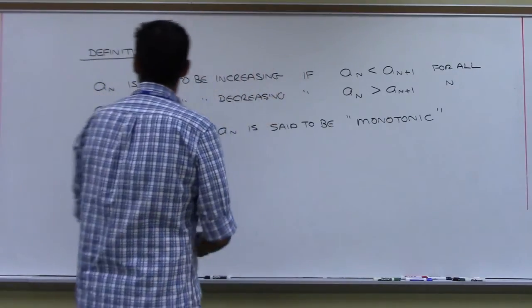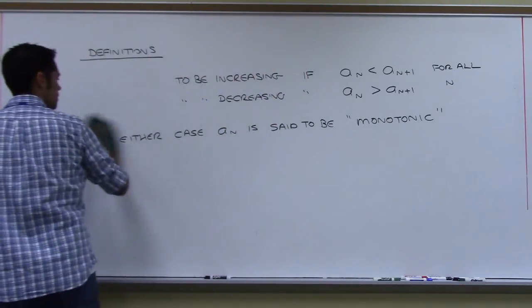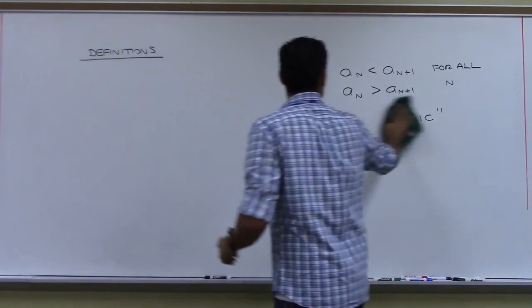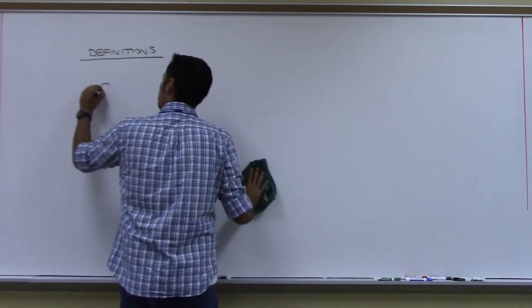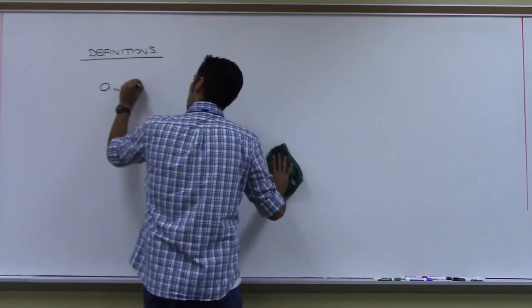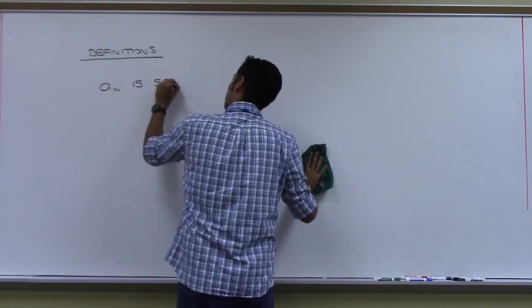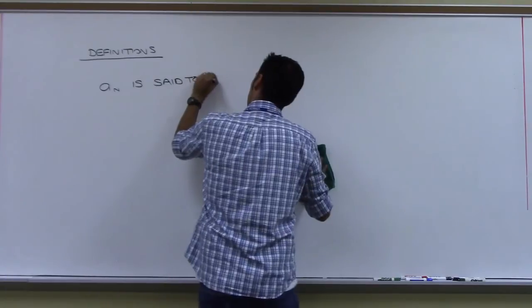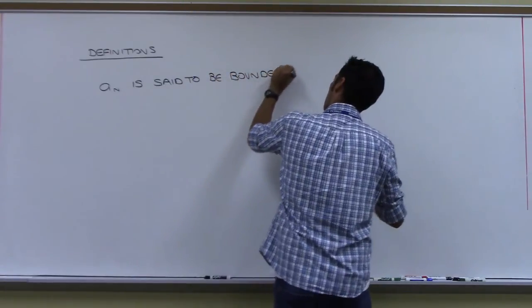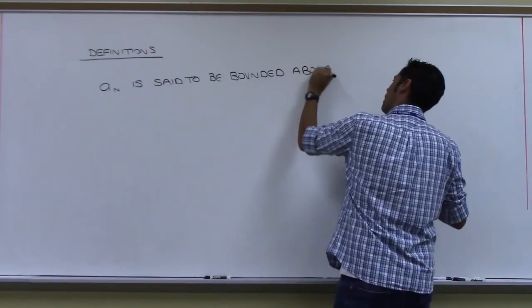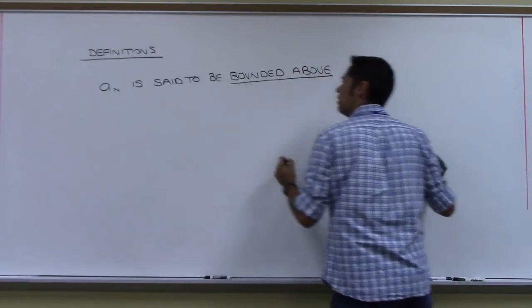All right, more definitions. So I'm going to continue. A sub n is said to be bounded above. What do you think about when you hear that? Bounded above.